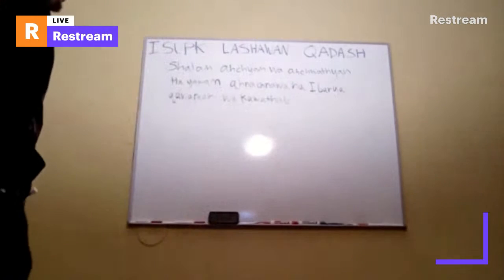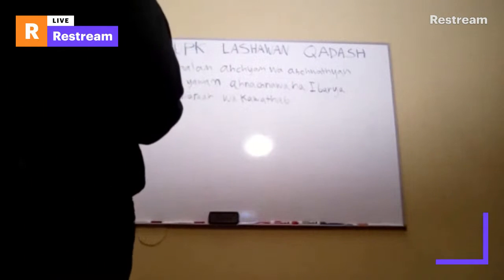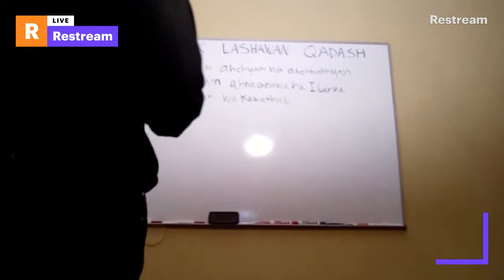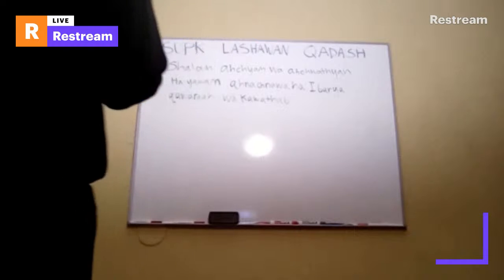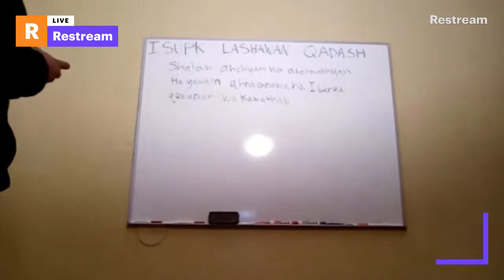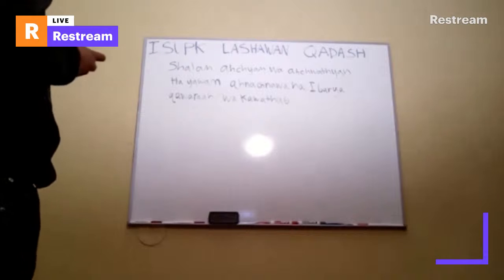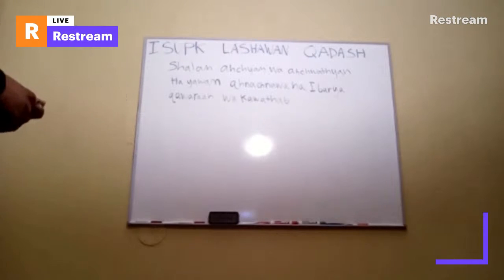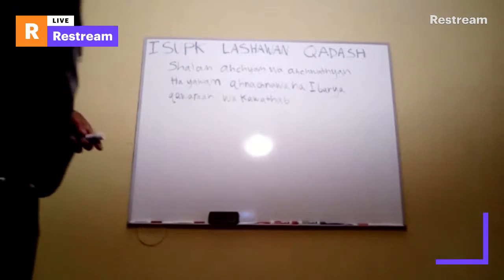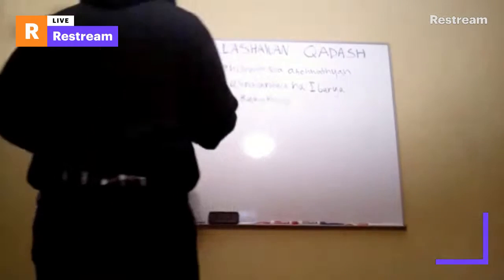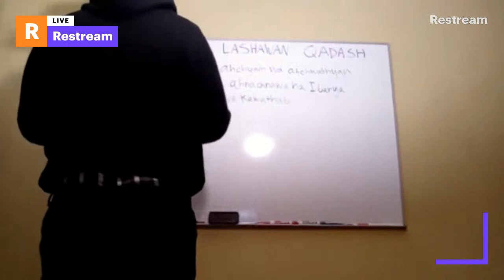Right? Now what this is saying is peace, brothers and sisters, right? Today we will be reading and writing the Hebrew language, right? I'll write this out in English for y'all.